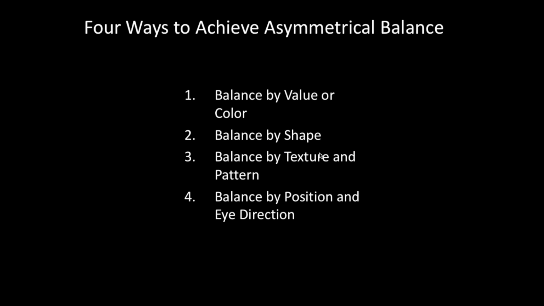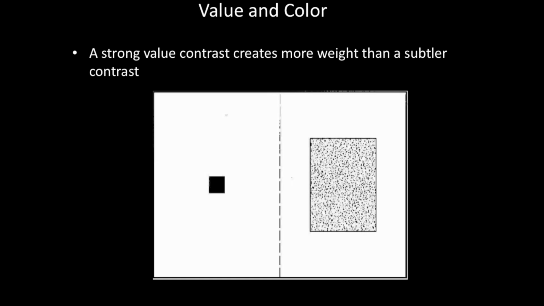Okay. There's 4 ways to achieve asymmetrical balance. Balance by value or color, balance by shape, balance by texture and pattern, and balance by position and eye direction. So a strong value contrast creates more weight than a subtle contrast.